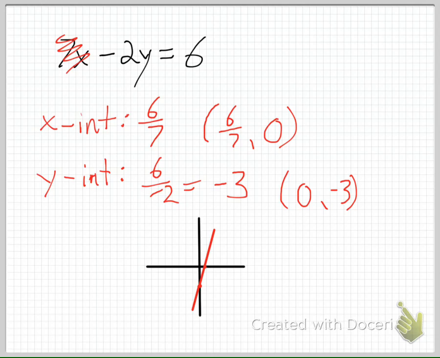No matter what x value you pick, if I just plug in an x value and solve that equation, I can find a y value. Because this is an equation that has 2 variables, let's think about a really simple example for a second. Let's say we have x plus y equals 5.